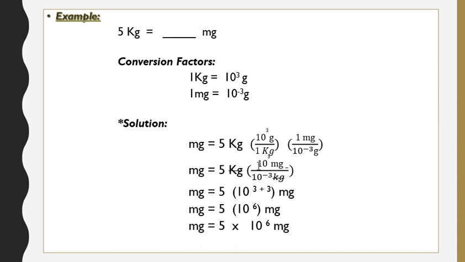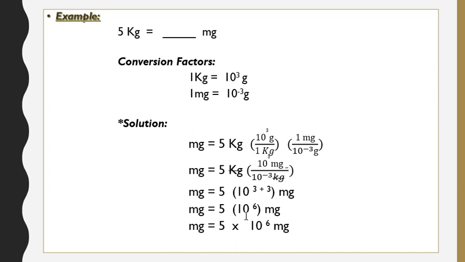So take note that positive minus negative, since both signs are negative, what happens is it will become positive. So the negative disappears. So we have 3 plus 3. Then we have the unit milligram because the kilogram disappeared. After that, bring down again the 5.